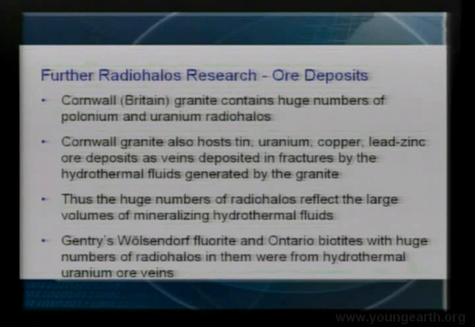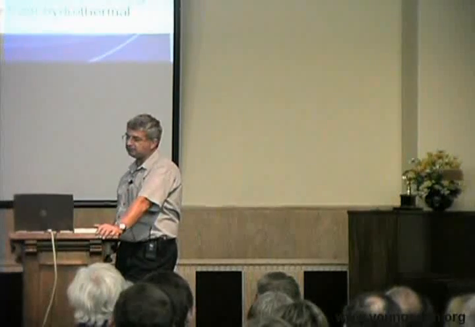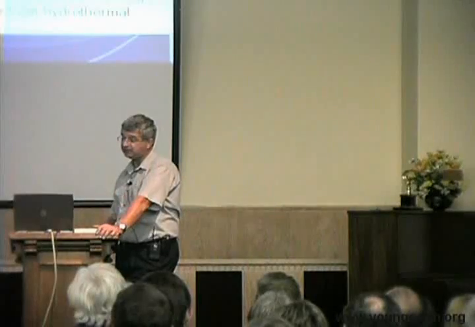It's interesting that in Robert Gentry's work there were minerals in Germany, fluorite mineral in Germany, which is another host of uranium and polonium radiohalos, and biotites in Canada that also had huge numbers of uranium radiohalos in them.